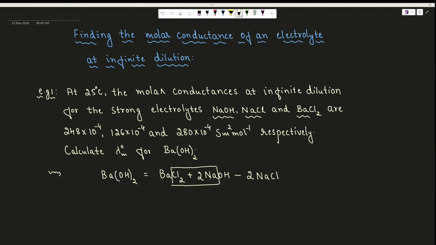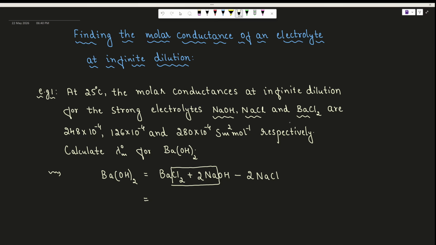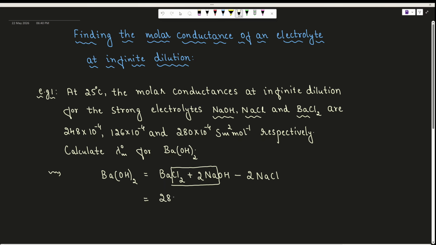So the same thing we are doing with the values also. So you take the values now. Barium chloride. See, look at the values properly. It is given respectively. So barium chloride value is this one, third one. So we have to take 280 into 10 power minus 4 plus NaOH, that's the first value.